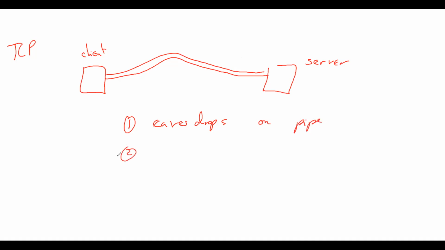Number two is we can inject fake data into the pipe. Remember, the tunnel just means that we have all these packets which have a specific kind of header, and that header allows the client to communicate with the server, and the server to communicate back with the client. Now what we want to do as the attacker, I'm going to change colors here to blue, is inject a packet.